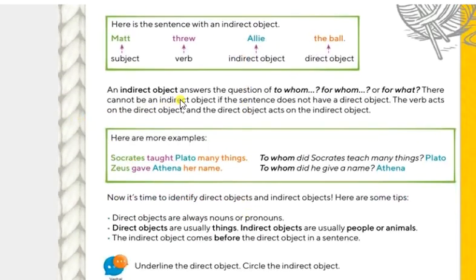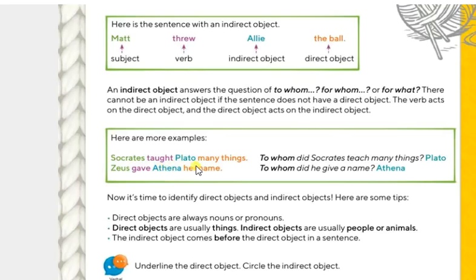An indirect object answers the questions of to whom, or for what. There cannot be an indirect object if the sentence does not have a direct object. The verb acts on the direct object, and the direct object acts on the indirect object. Here are more examples.